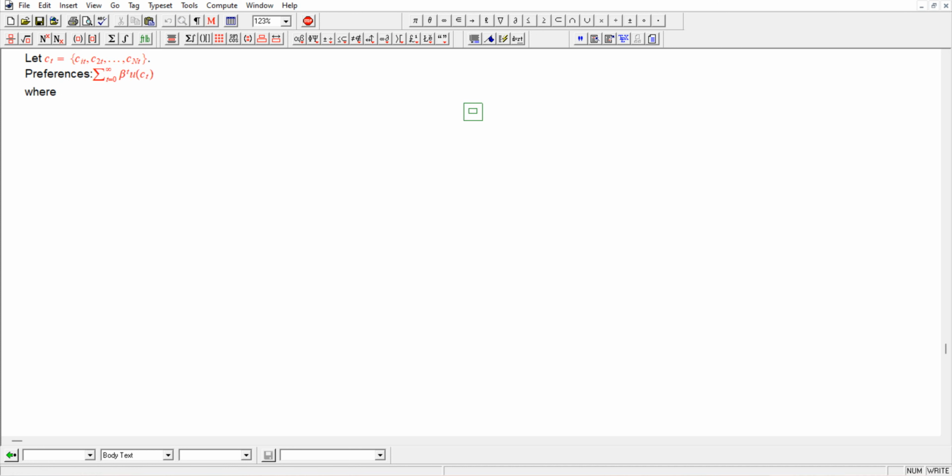What's going to be interesting is how the agents value the goods relative to each other. And so a typical assumption is that utility is defined over a constant elasticity of substitution aggregate of the goods. So the goods are numbered from 1 to n.